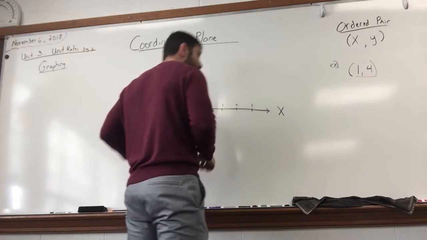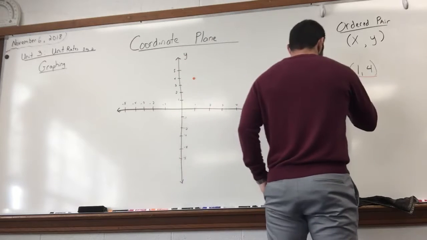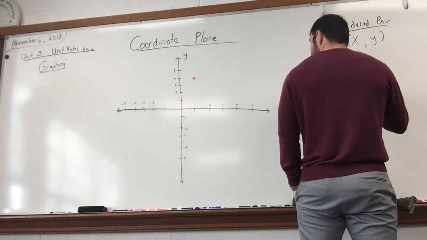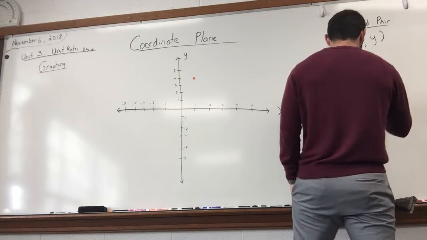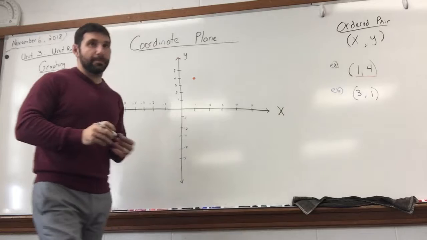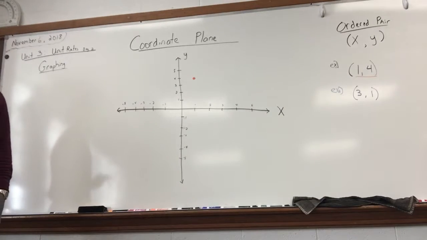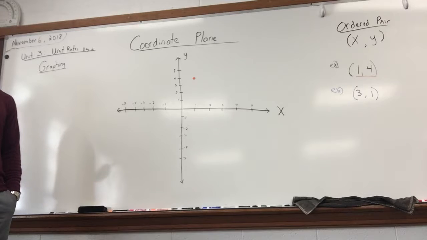Let's do dark blue. So here's example 2. Let's go 3, 1. So if I'm going to graph 3, 1, what do I do first, Connor? Do I worry about my x? Do I worry about my y?